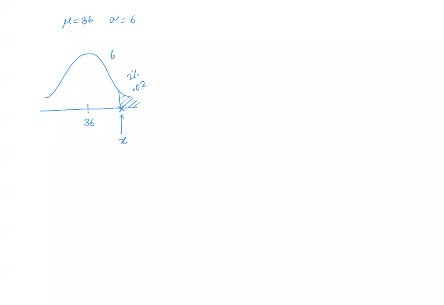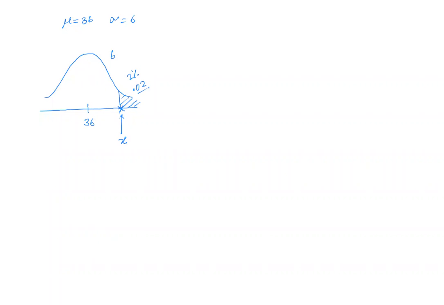But if the phone lasts beyond this point, then your insurance policy would have expired and it will not be covered. And the chance of the phone lasting beyond the point X is 2%, because beyond this point X is the top 2% of the phones that survived.